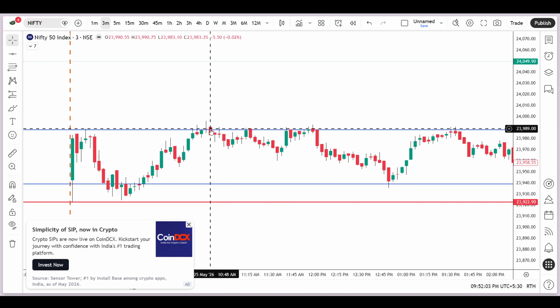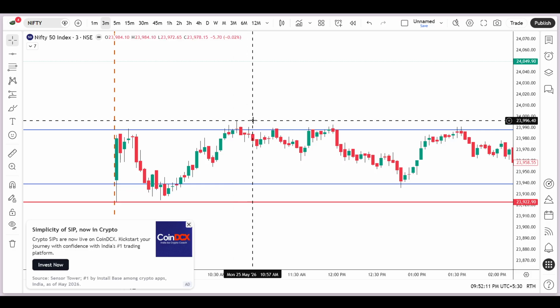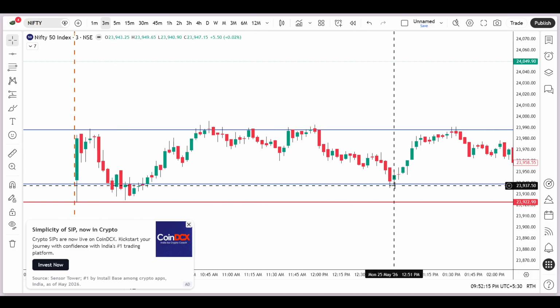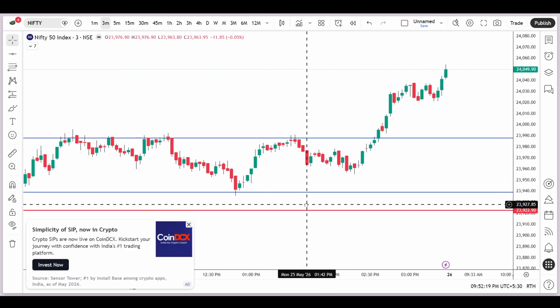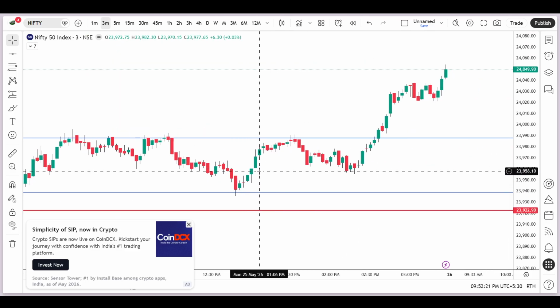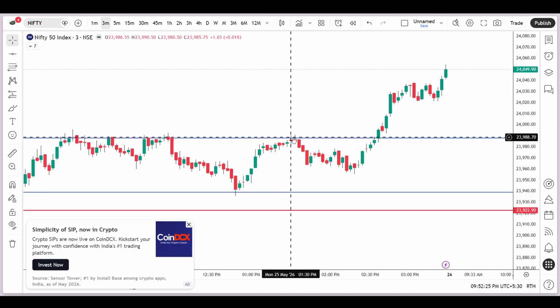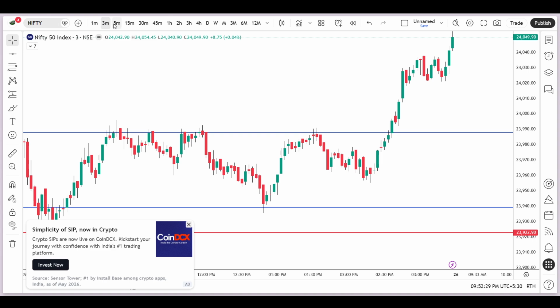If it comes here, we can take this as an entry point for PE, and keep this as a stop loss. See, comfortably till here we can enjoy these profits. Okay, again this is crossed here, take entry, this one again 20-30 points. Like that we can do scalping also, friends.